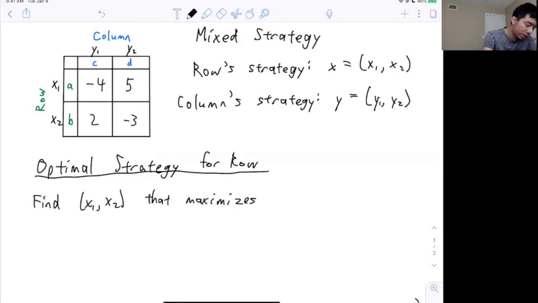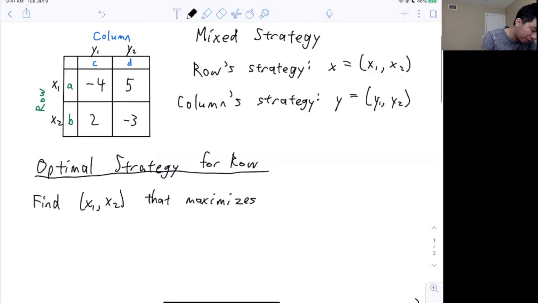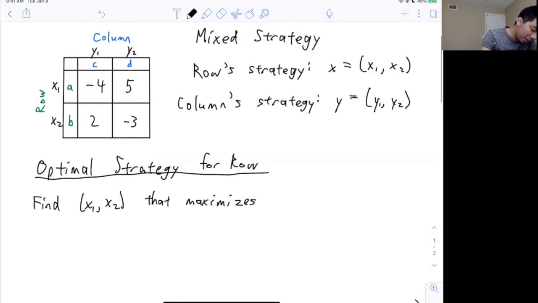So we can calculate an expected value of this grid. We're going to want to find the x1 and x2 that maximizes the minimum of the two expected values.